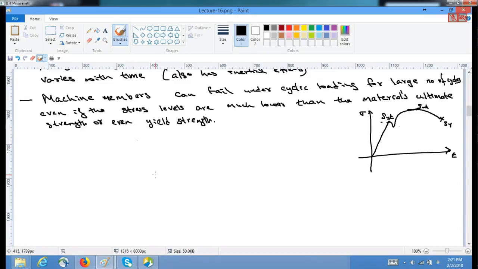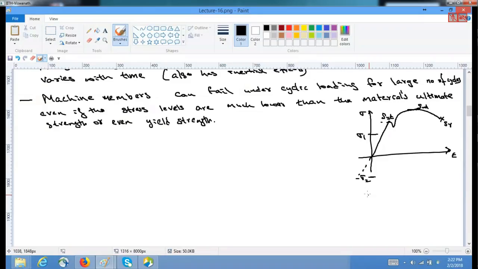However, when you do fluctuating loads, that means once you go to a value of, let's say, sigma 1 and unload it back to, let's say, sigma 1 and unload it back to minus sigma 2, that means you can also go to negative loading.